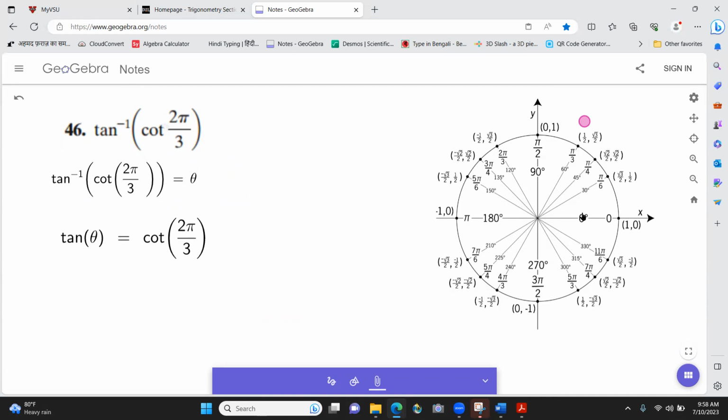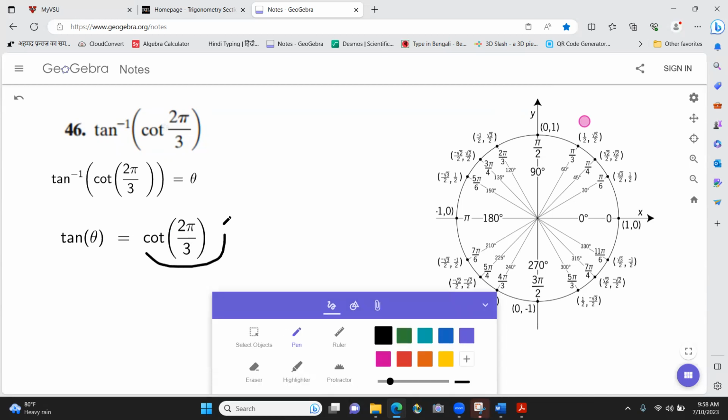Now, you're going to find the value of cotangent of 2 pi over 3. I need to know the value of this from the unit circle, which is not difficult if I don't make a mistake. Remember, this is pi over 3, this is 2 pi over 3. So far, we are here.